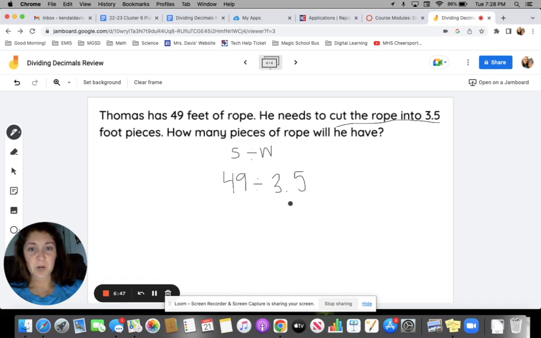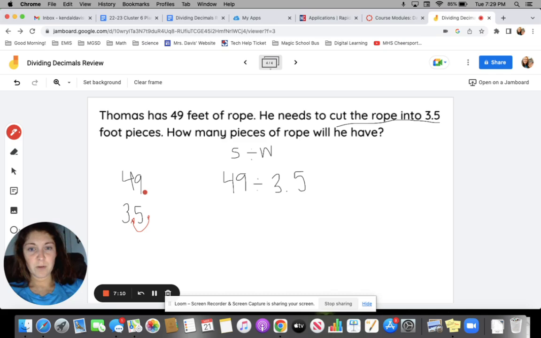When I look at this problem here, I know that I have a decimal in my divisor, so I know that I have to kick it out. I'm going to go ahead and write both numbers over here because it helps if we do that and move the decimal out first, so then I can rewrite the new equation. First thing I do is make it a whole number. I move it one place out to the right, it is now 35.